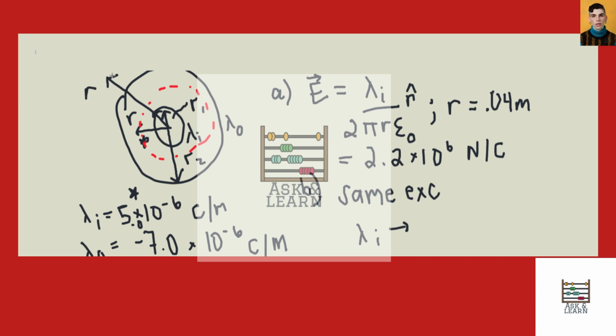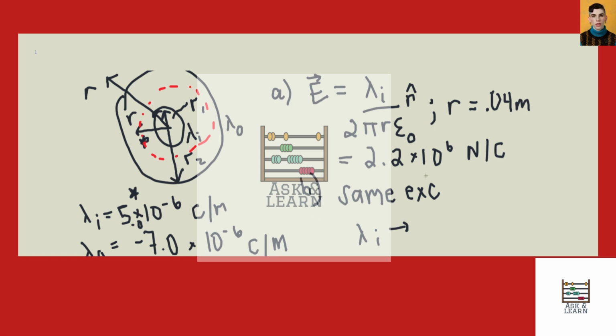Now if you constructed your Gaussian surface here, you would just consider the total charge on the inside. And the total charge on the inside is given by the total linear charge density within a Gaussian surface going through this r on the outside, which would include both the charges from the inner and outer shell.